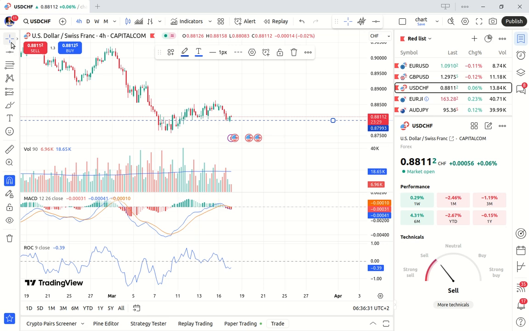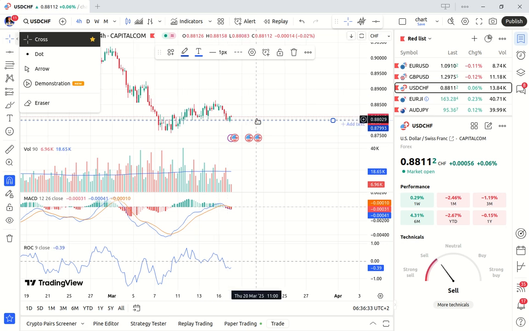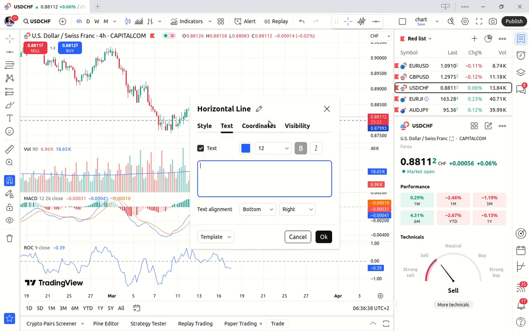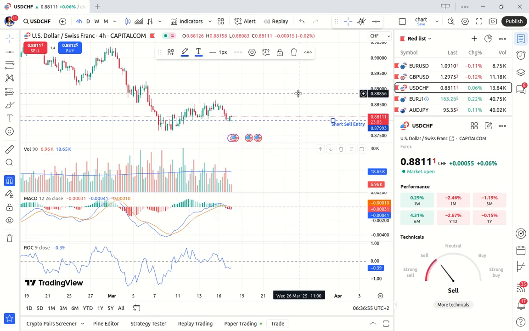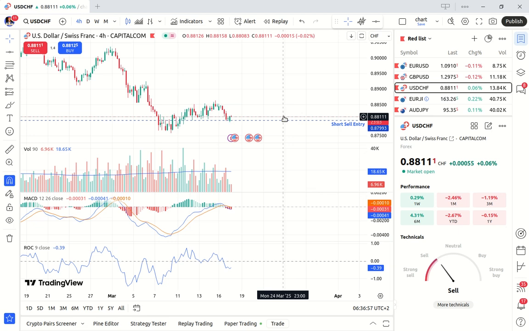So this one is a short sell entry. So this is a short sale entry.